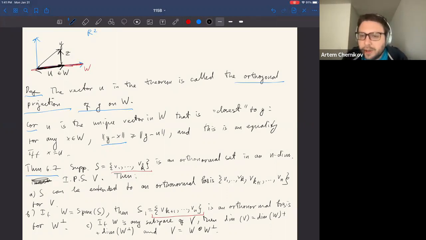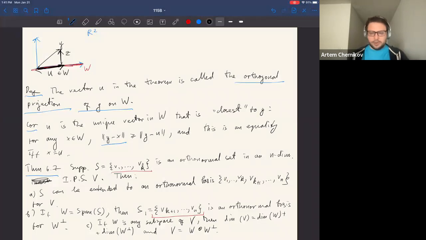Question: if V isn't finite dimensional, is it still the sum of a subspace and its orthogonal complement? Yeah, so we want to assume finite dimensionality throughout. These things become a bit more subtle in the infinite dimensional situation, so we focus on the finite dimensional case here.